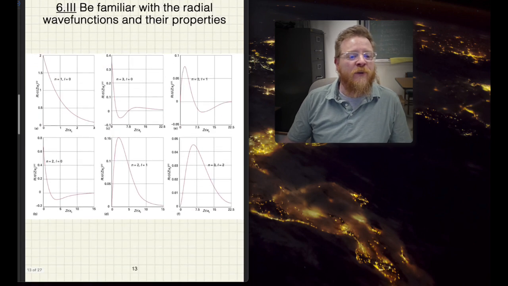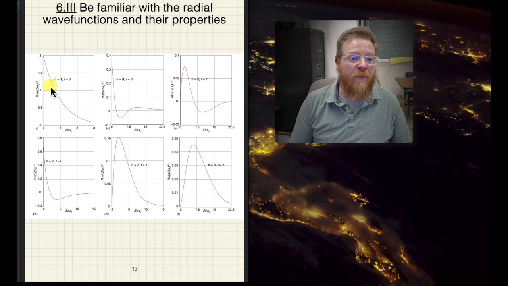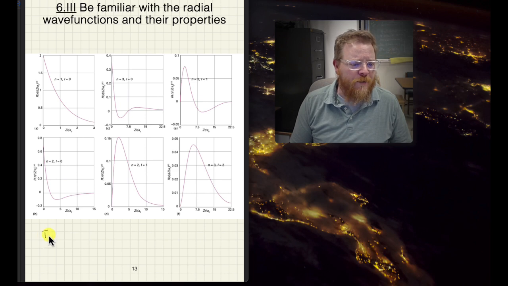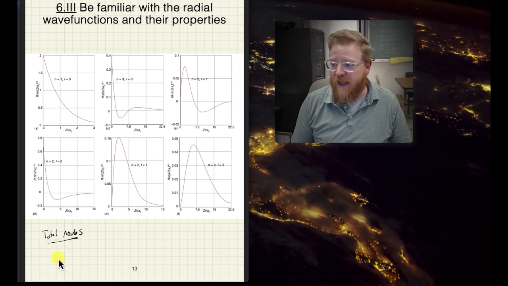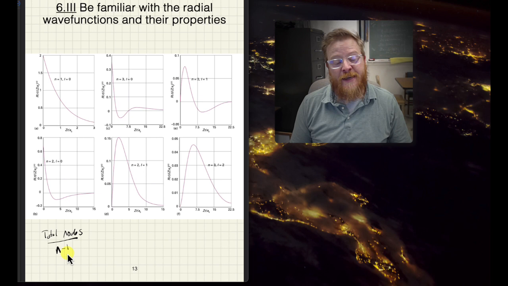So now looking at a graph of these things, we see the following. And this is only looking at the radial. And I'm going to note here that we're going to have some equations for our nodes. So just like we did in particle in a box, total nodes goes as n minus 1.